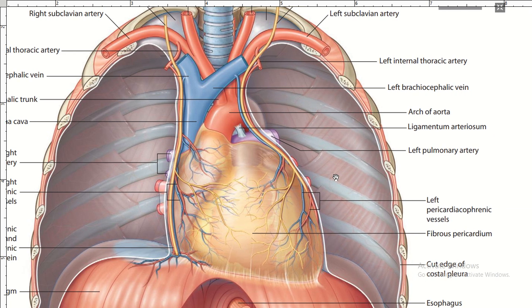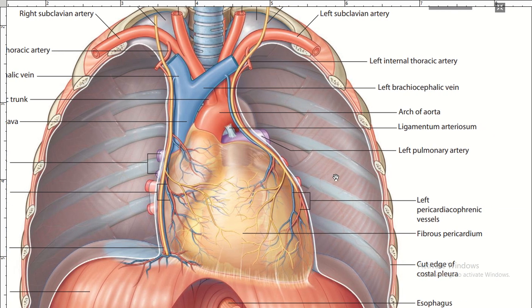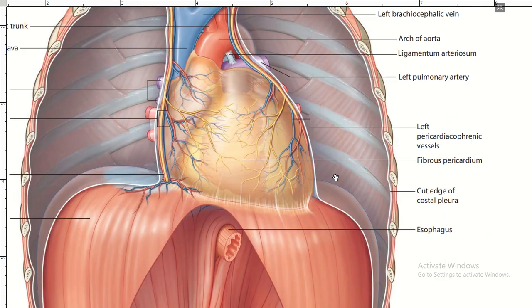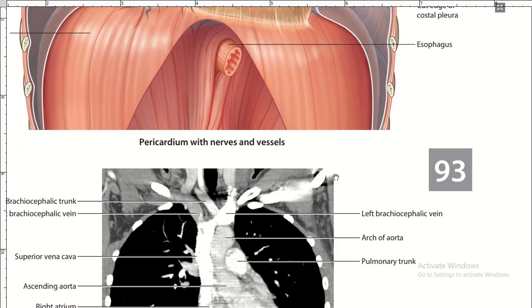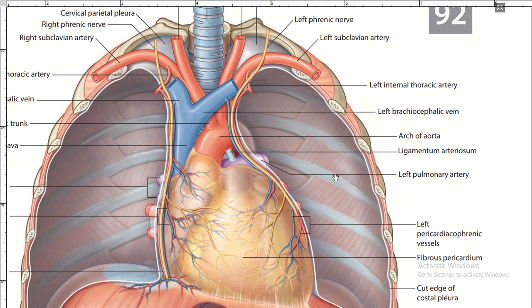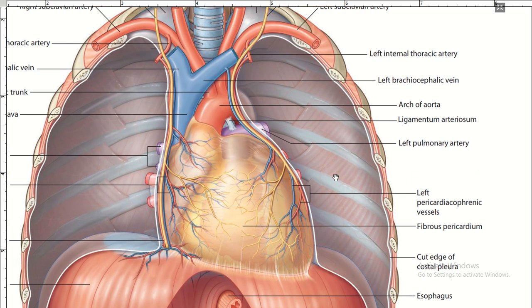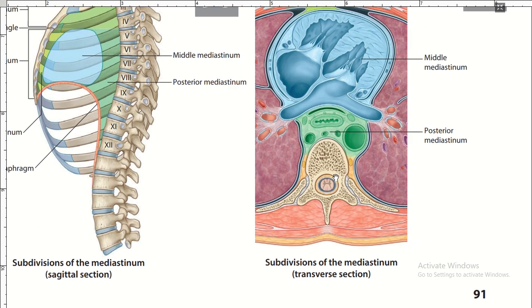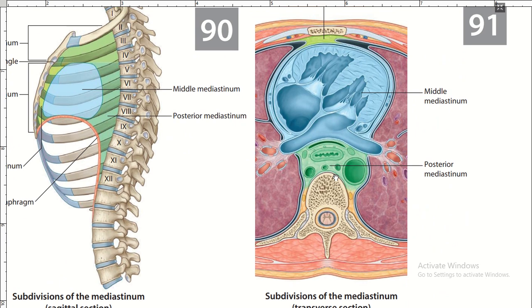Right. Let us go to the posterior mediastinum. What do you think are the boundaries of the posterior mediastinum? Anteriorly, you're going to have your fibrous pericardium.